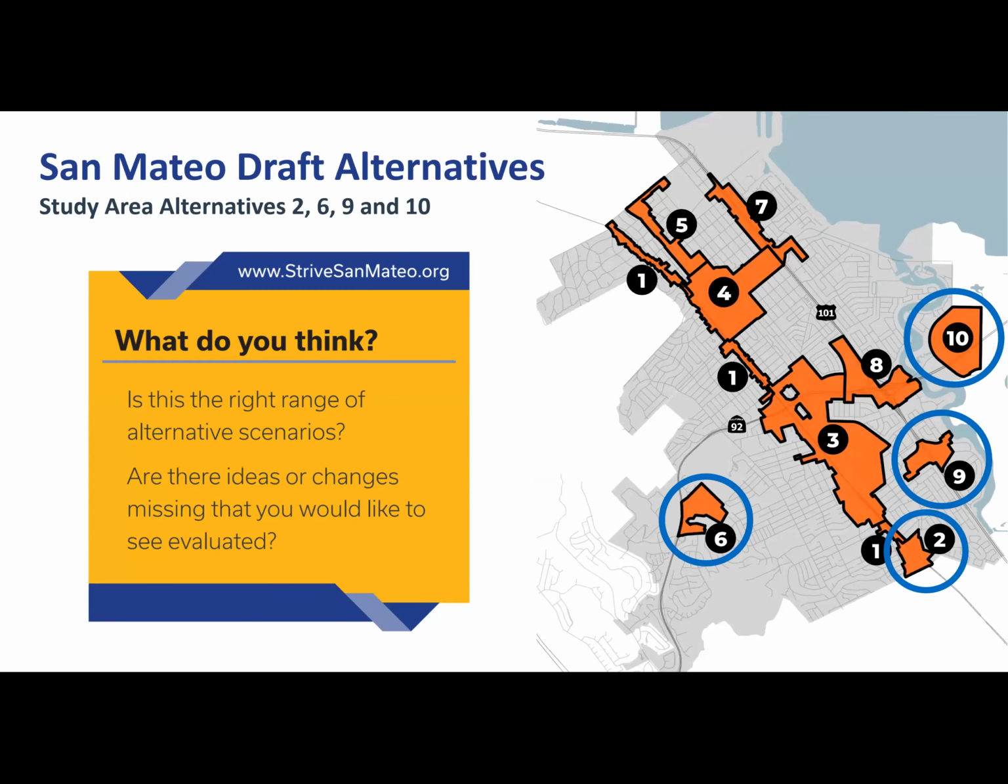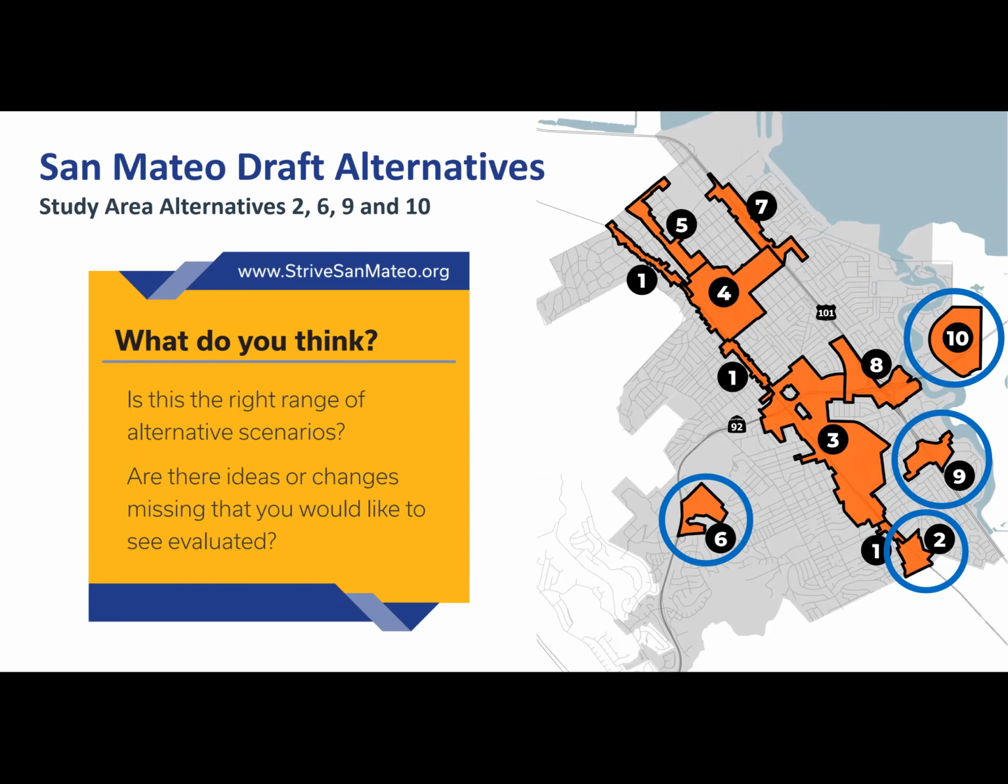Tonight, our purpose in the breakout room discussion is to gather your input on the 3 draft land use alternatives for each study area. Are there any ideas or changes that you view as missing from the alternatives that you would like staff to further study and evaluate? Feel free to provide comments as we go through each study area. Again, there are no decisions being made today.